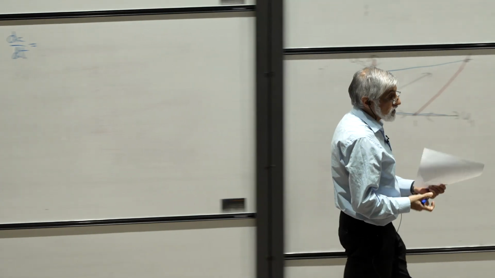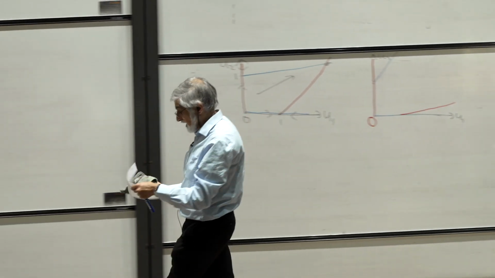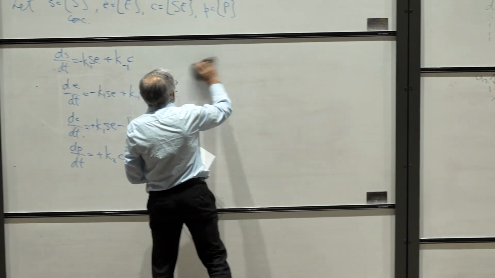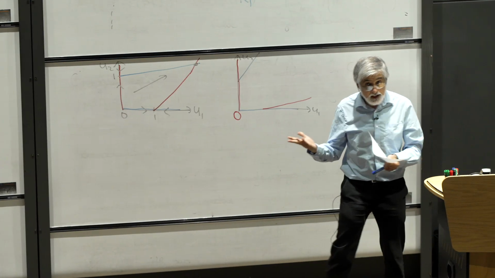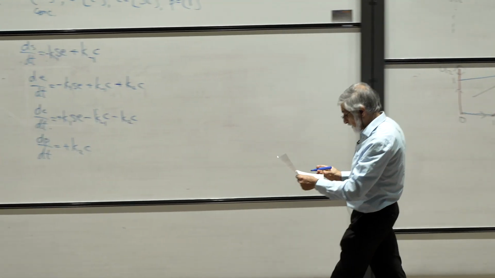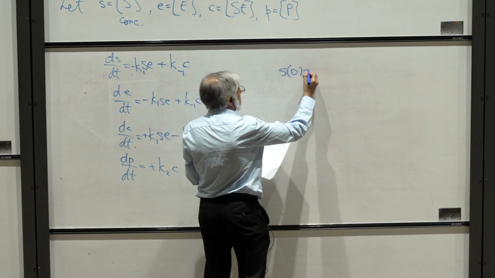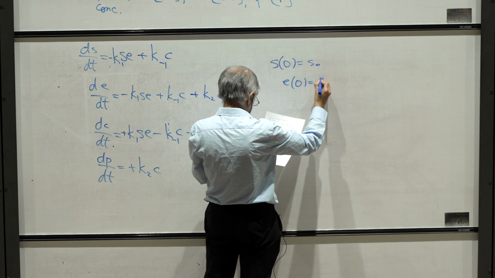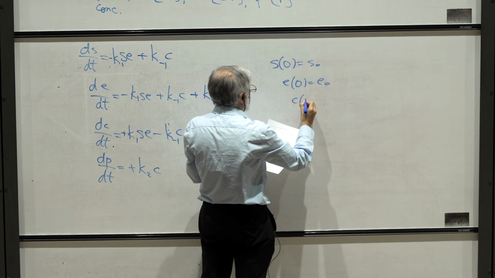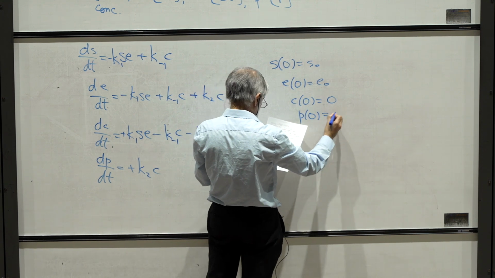And initial conditions, well, we'll start off with some substrate, we'll start off with some enzyme, and the reaction hasn't started, so there's no product and there's no C. So S of naught is S naught, E of naught is E naught, C of naught is naught, P of naught is naught.